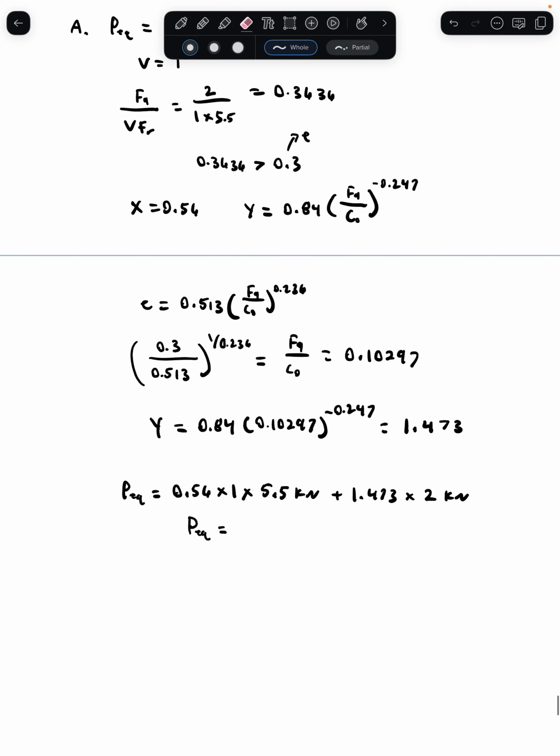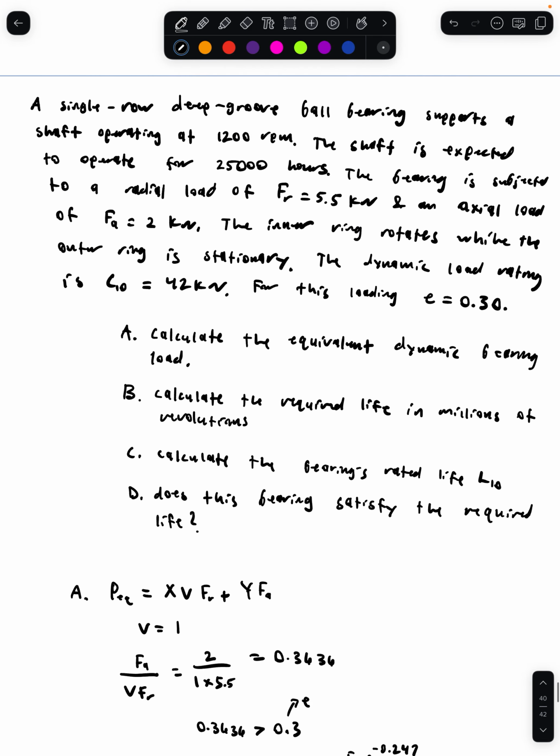So that's going to come to be 6.03 kilonewtons. So this is the equivalent radial load that the bearing is subjected to based on the actual radial load and the axial load that's applied to it.